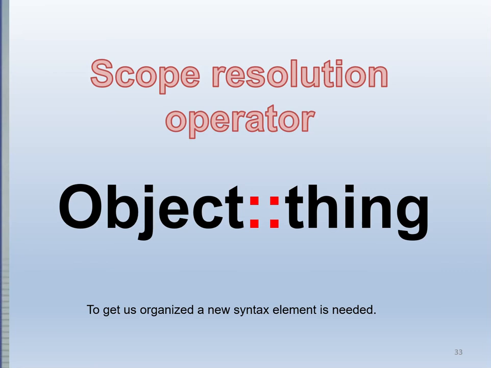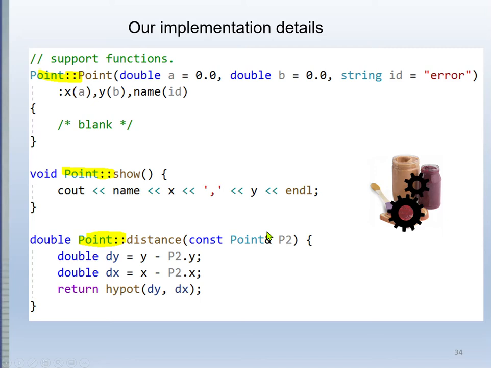Now I need some more syntax. The scope resolution operator, the double colon. So I'll start down here at show. Here is show. Where does it go? This belongs inside point, and that's what that means. Put show inside point.